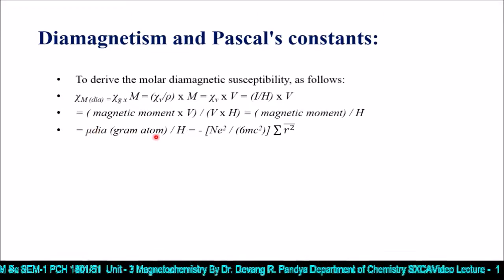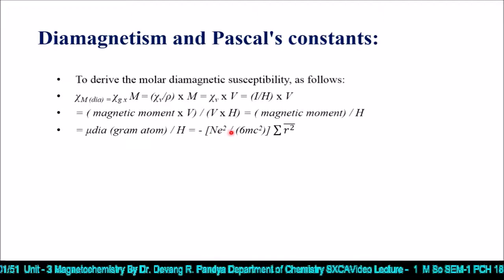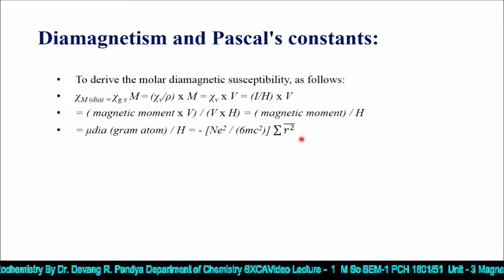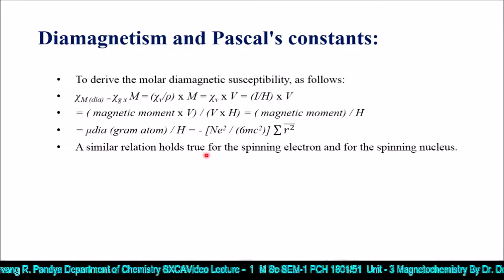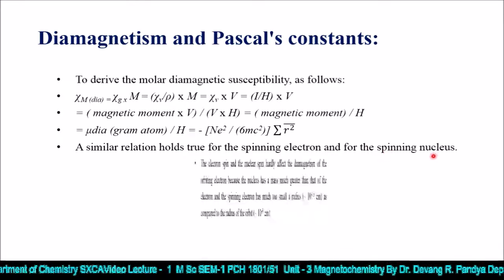Diamagnetic moment per gram atom by H is equal to minus N e square by 6 m c square into sigma r square. A similar relation holds true for the spinning electron and for the spinning nucleus.